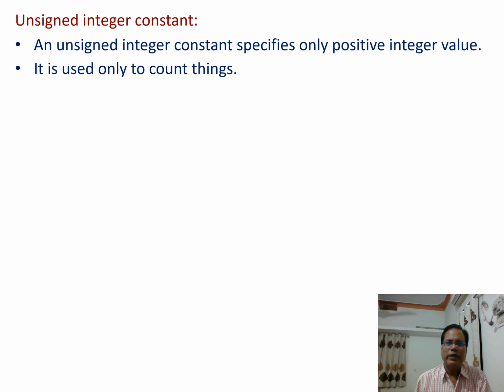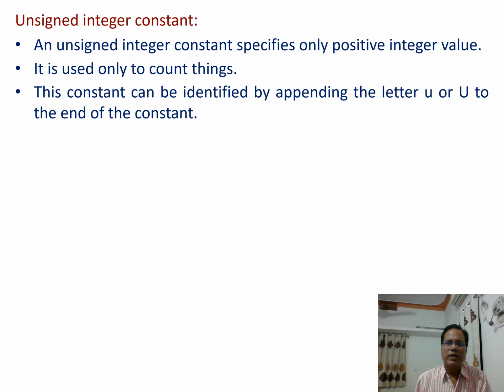It is used only to count things. The constant can be identified by appending the letter, either lowercase u or uppercase U, to the end of the constant.